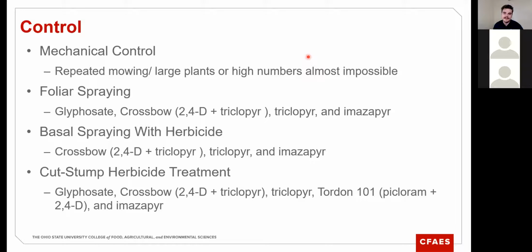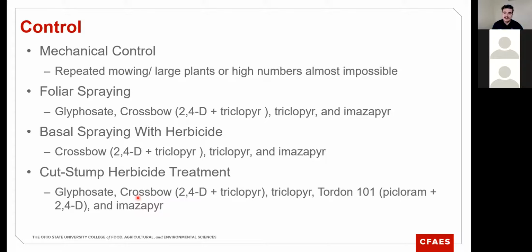I have up there Crossbow, which is a combination of 2,4-D and triclopyr. You can also do basal spraying with herbicides, so on the bark around the outside. And probably the most effective, especially for the really large ones, and the one I recommend the most, is this cut stump herbicide treatment.